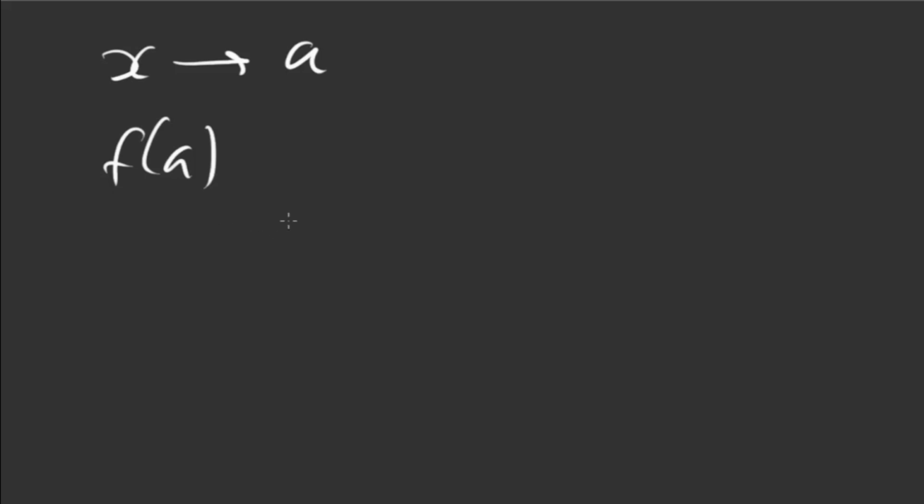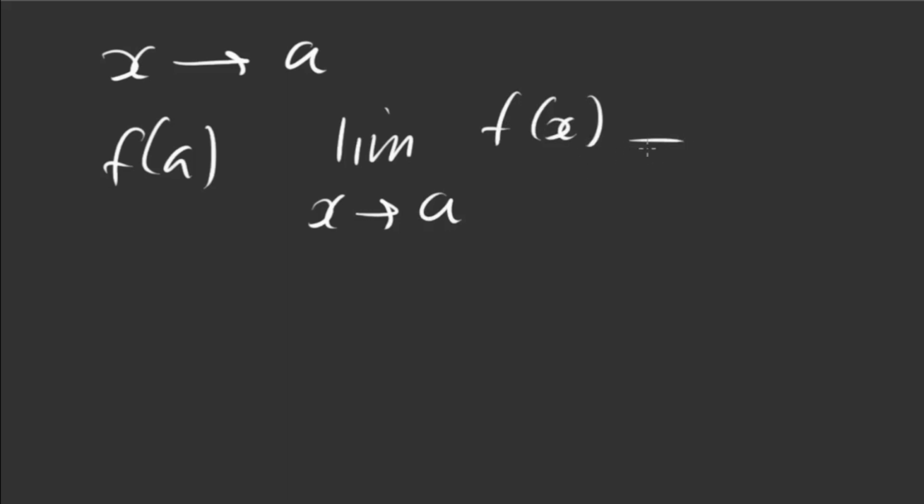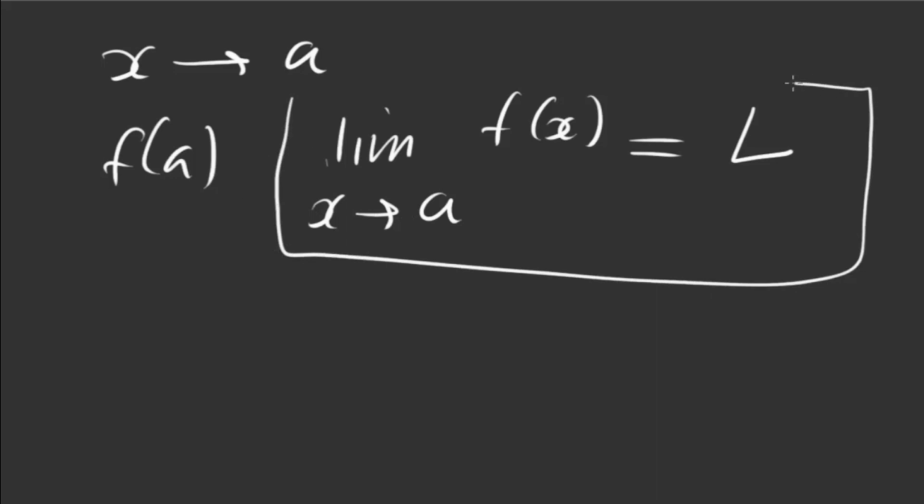It is presented as the limit as x goes to a of f of x. The answer that you get is L, which is the limit. That is the value you approach if you push x on a number line either to a from the left or from the right. This is the mathematical notation of the limit.